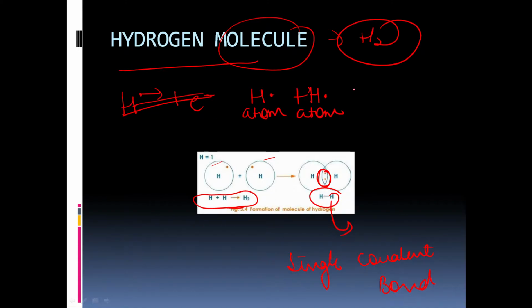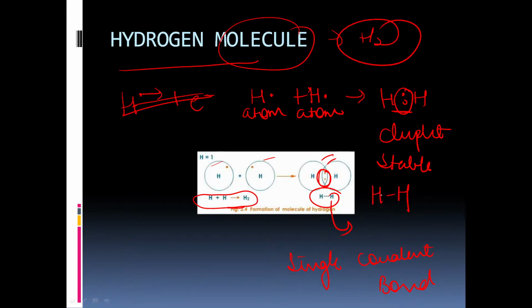They both combine. After combination, as represented in the figure, they come into mutual sharing. They both complete the duplet and become stable. Duplet means two electrons in the valence shell. So they form a single covalent bond. This line that I've drawn represents a single covalent bond.